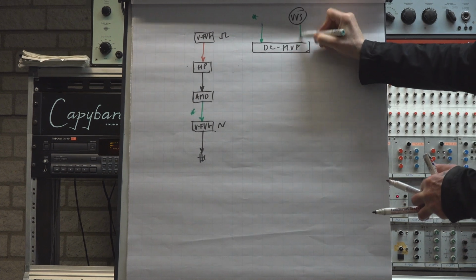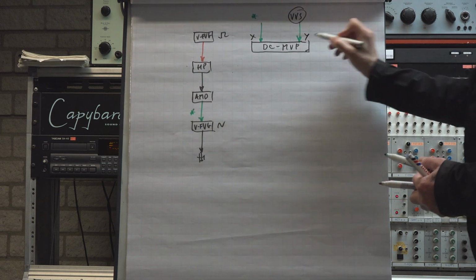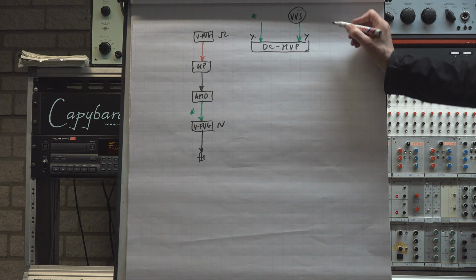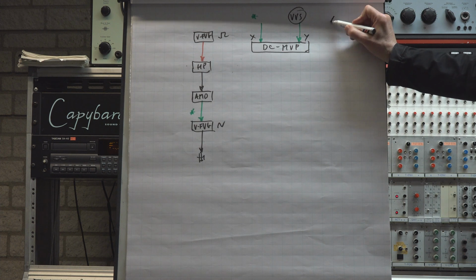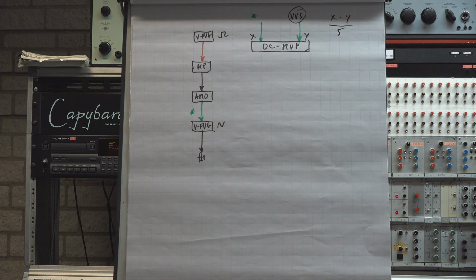For now I'm just using a variable voltage source, which is a knob that gives me a voltage range in the range of the studio, between 0 and 5 volts. The multiplier has an X and a Y input, and the result is X multiplied by Y divided by 5.